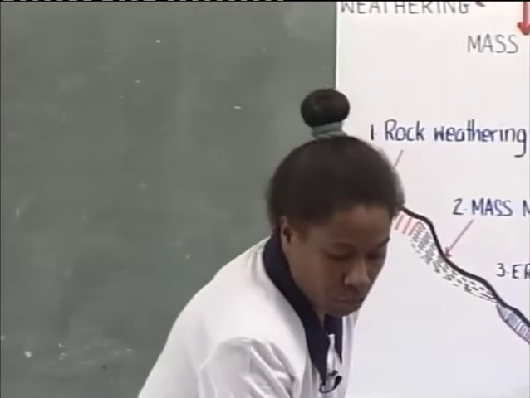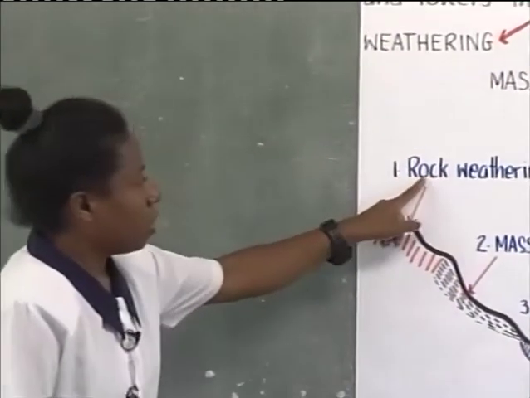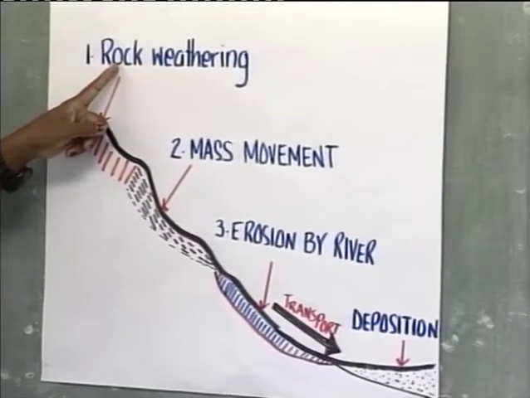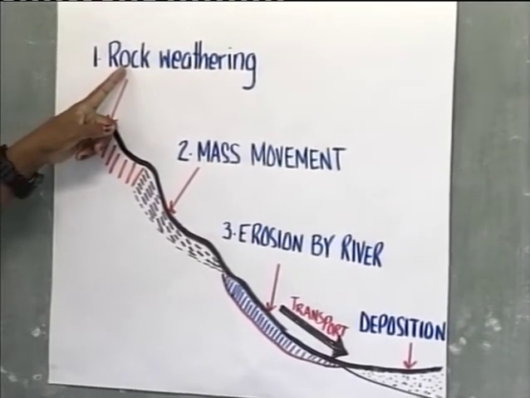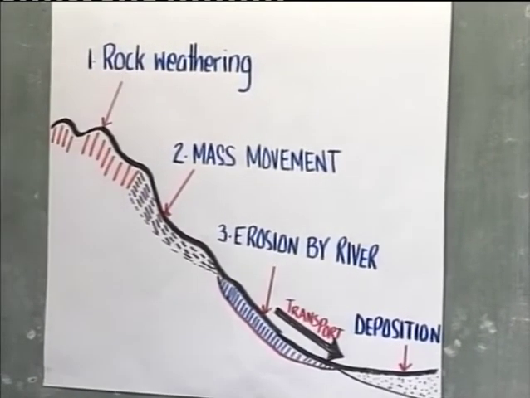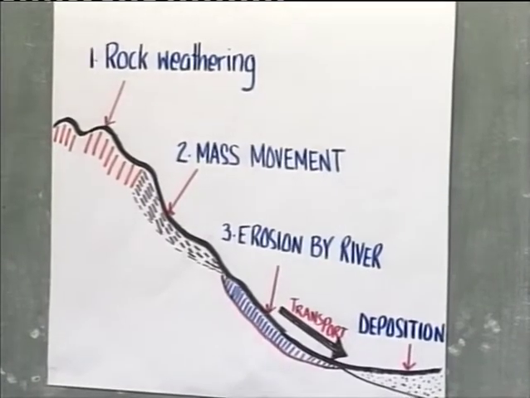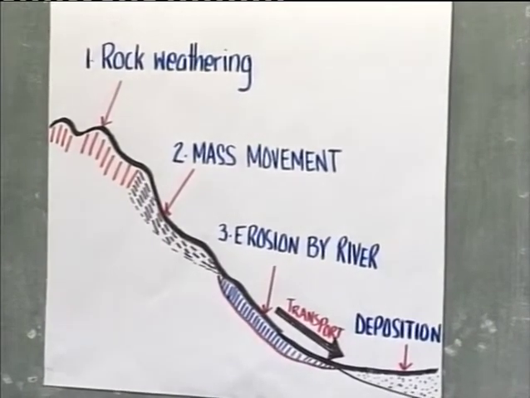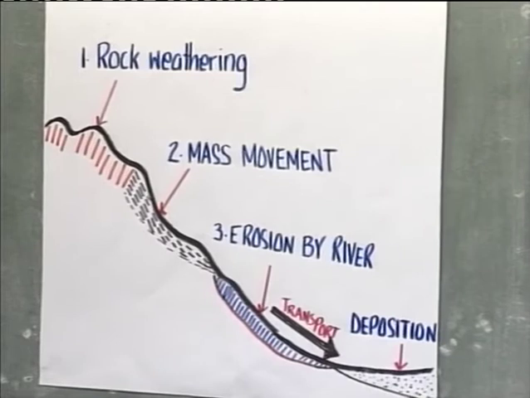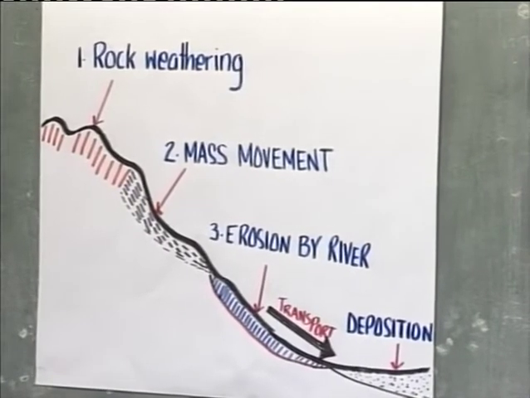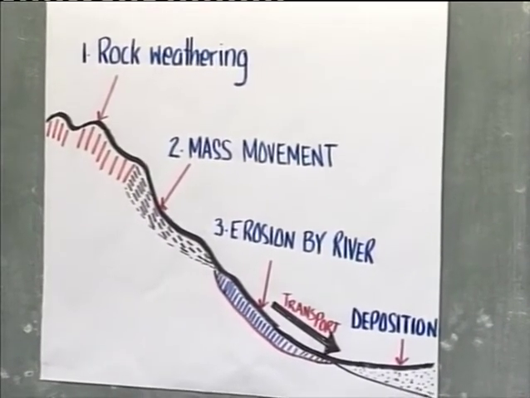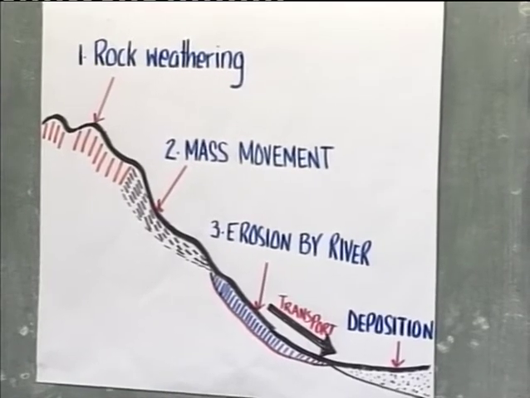We are going to actually look at rock weathering in our lesson today. And for the work on rock weathering, you would have noted also that weathering of rocks can be done physically or mechanically. Weathering of rocks can be chemically done. And weathering of rocks can be biotic or biologically done.